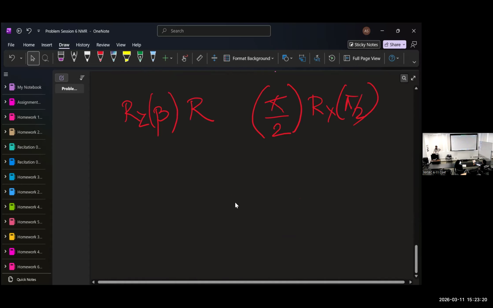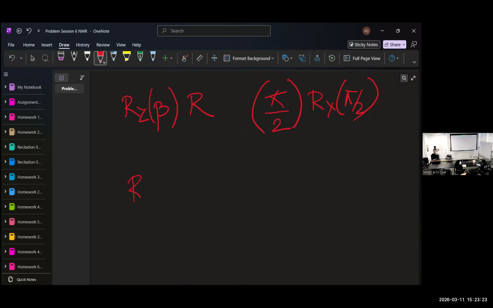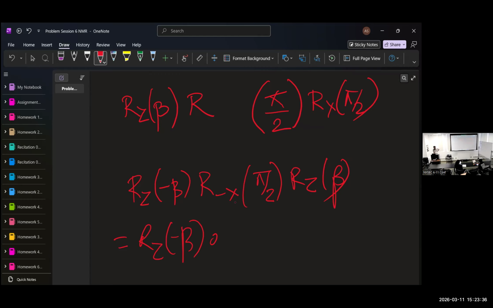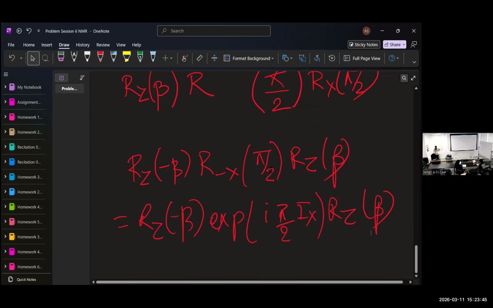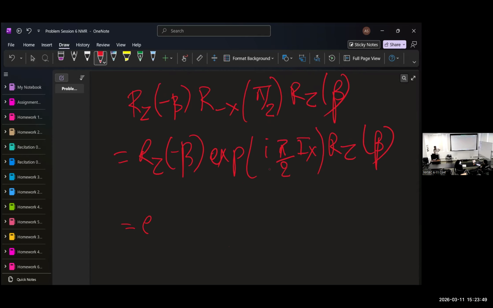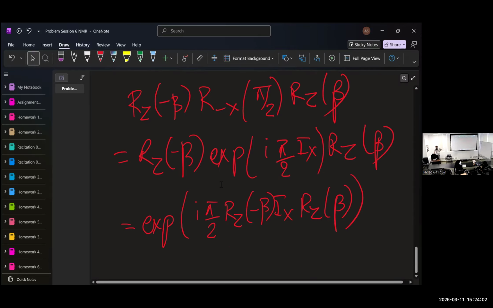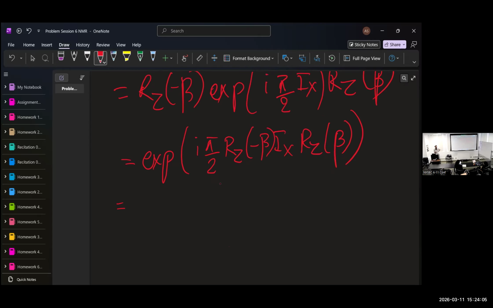If I try to do this algebraically, then the term of interest is... Does everyone follow this?